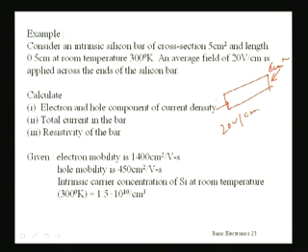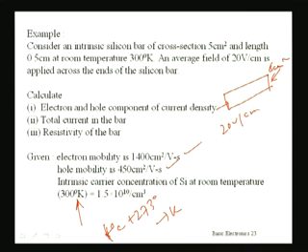Now, you are given that the mobility of electrons is 1400 centimeter square per volt second, and hole mobility is 450 centimeter square per volt second, and intrinsic carrier concentration of silicon at room temperature 300 degree Kelvin, which is generally taken as room temperature. You know Kelvin is T, small t degree centigrade plus 273 degree, that gives you the Kelvin temperature. So here it is 300 degree Kelvin.